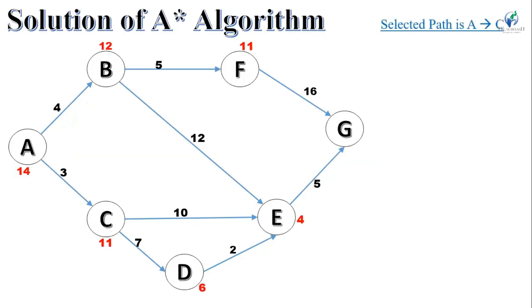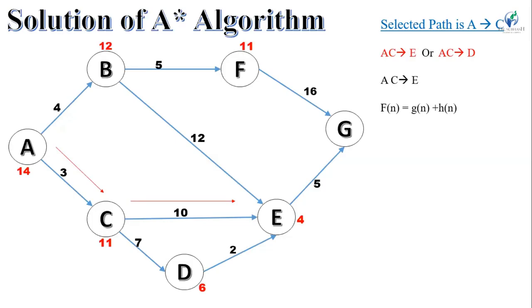Now we select the A to C path. So friends, C has two neighbor nodes. With the help of C, we reach E and D. So we have two paths, AC to E and AC to D. First, we select the path AC to E. The actual cost to reach node E is 3 plus 10, meaning 13, and the heuristic value of E is 4.